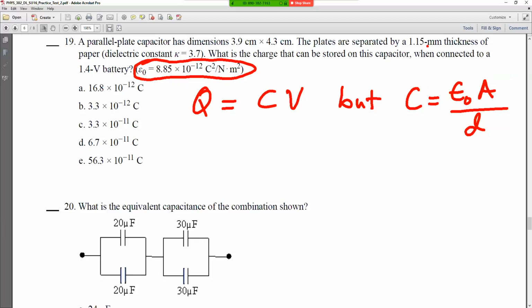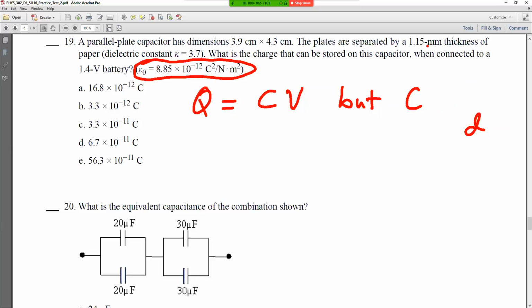millimeters. And since the plates are separated by paper, you have to factor the dielectric constant into the equation, which is 3.7. So let me rewrite that.